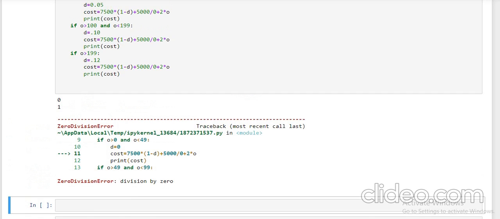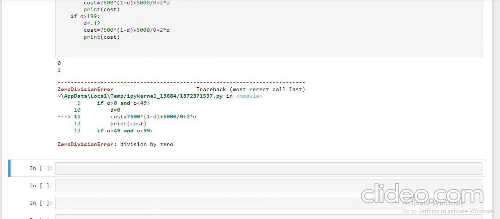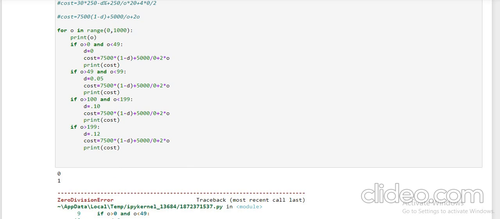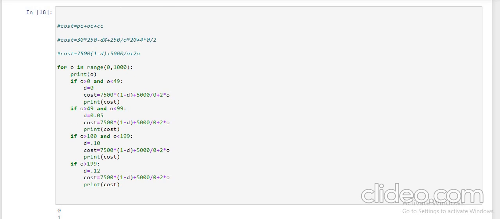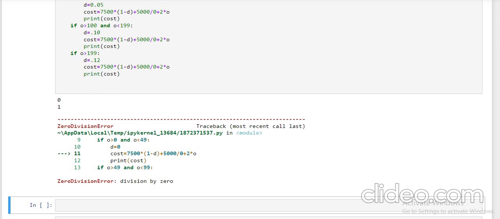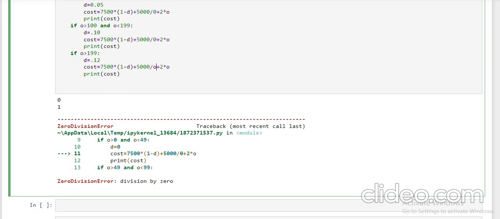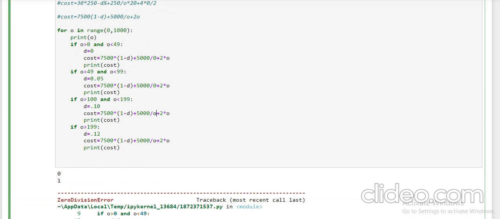Division by 0, line number 11. No problem. Cost is 7,500 into 1 minus D plus 5,000 divided by O, and this O and 0. So confusing. Instead I have written OC.